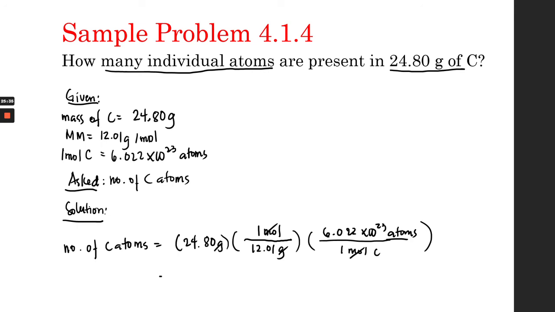So now I can measure how many atoms I have. We have 24.80 times 6.022 times 10 raised to 23, everything divided by 12.01. Just use the calculator and you would find that in 24.80 grams of carbon, there are about 1.24 times 10 raised to 24 carbon atoms.